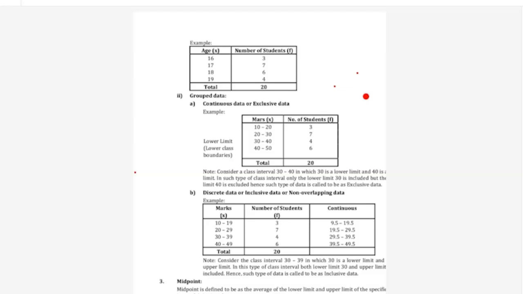And at last, the total of frequency which we have obtained is equal to 20.